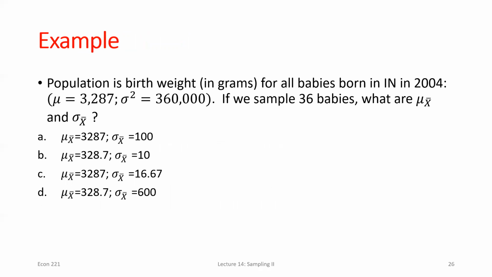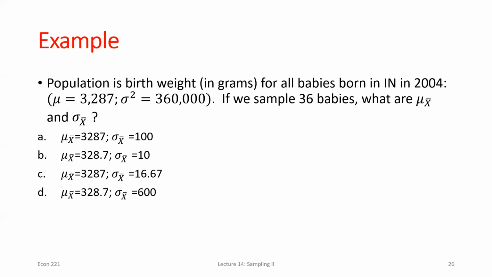So let's put some actual numbers to this and start to visualize what's going on here. Let's say I've got some birth data. In the original population data, I can see that the average birth weight is 3,287, and the variance on that birth weight is 360,000, right?